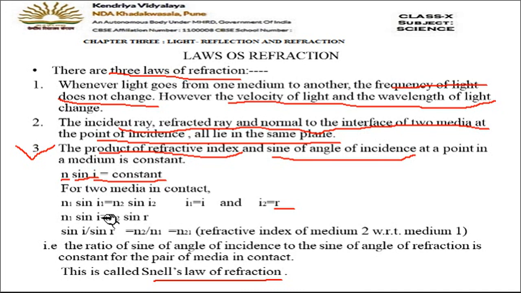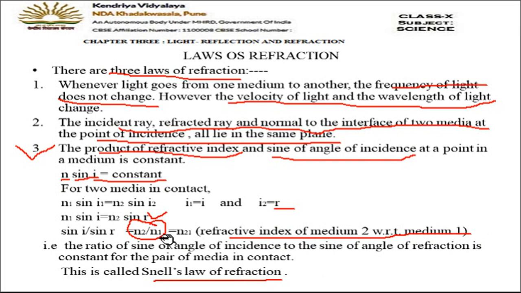Now we are finding the ratio of sin i upon sin r. So from this statement, sin r will go down and this n will come this side. So sin i upon sin r is equal to n2 upon n1. And n2 upon n1 is the value, as you have studied just now, of refractive index of medium 2 with respect to medium 1, n21.